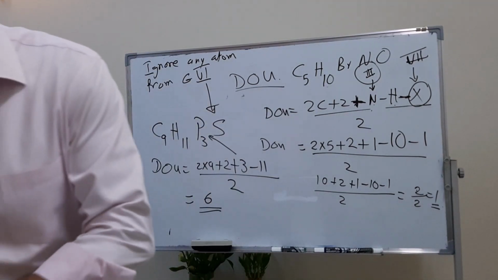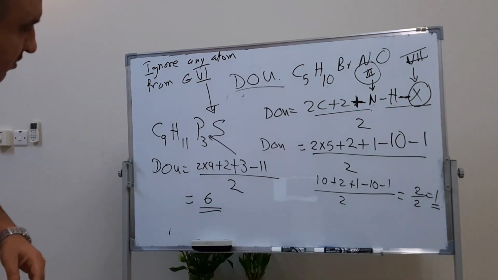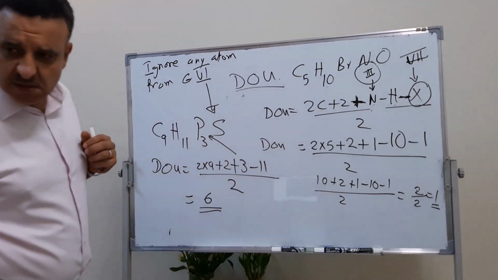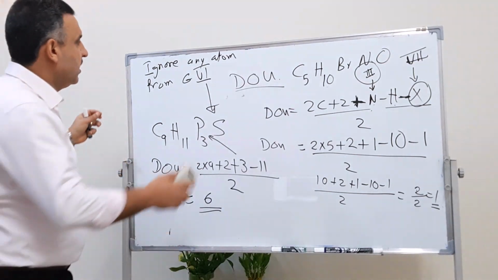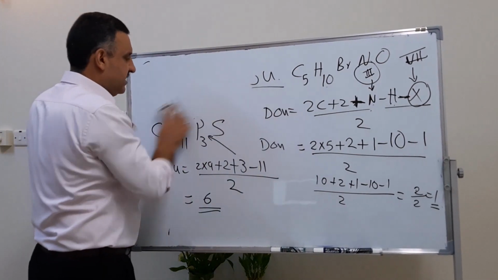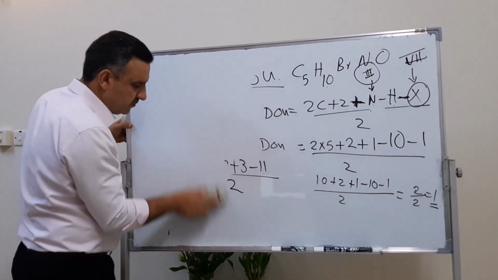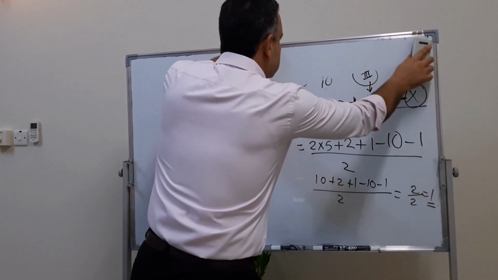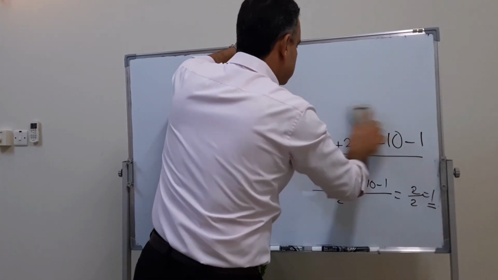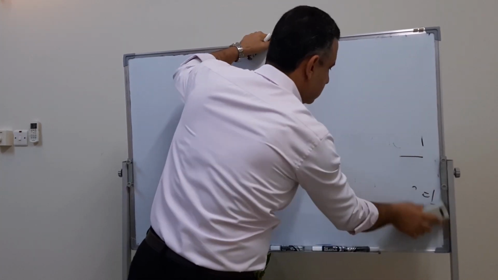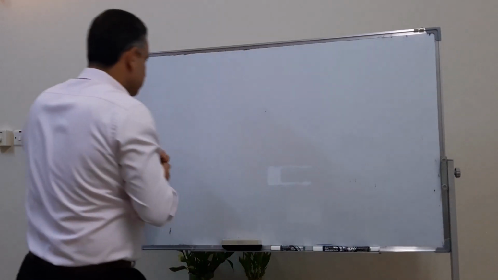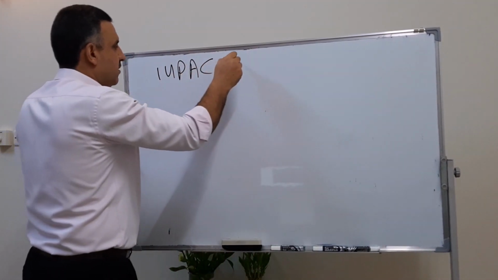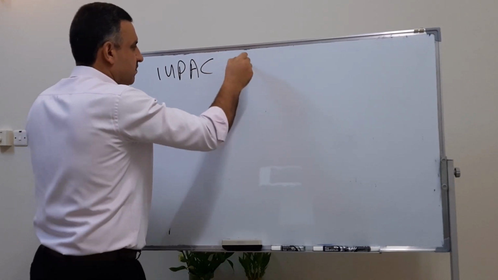All right, so let's move then to slide 11, which is the IUPAC nomenclature of alkene.